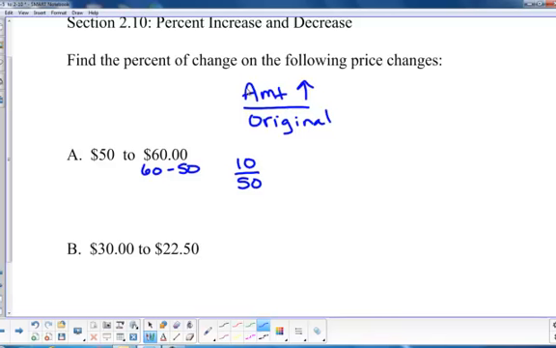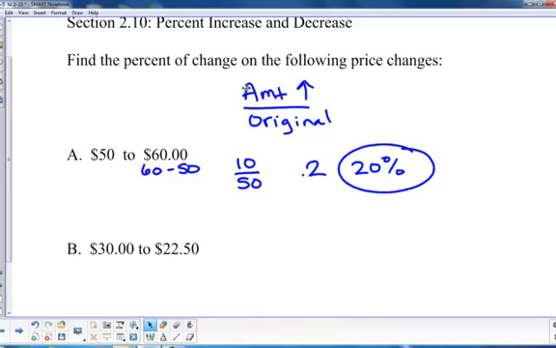And 1 over 5, or 10 over 50, is 0.2. And 0.2 is the same as 20%. So that's a 20% increase.